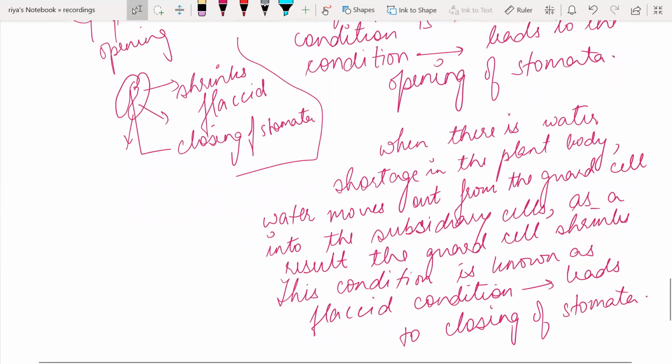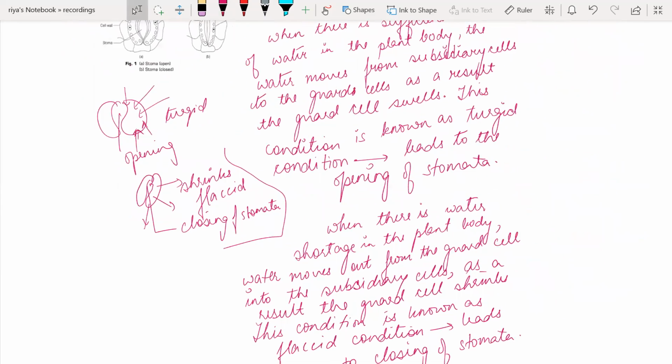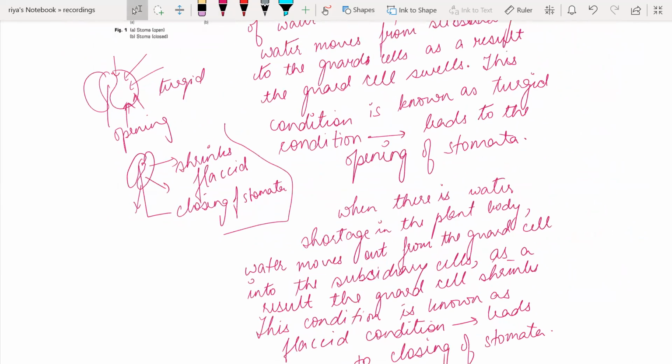So we have clearly seen that whether it's stomata opening or closing, the guard cell is playing a pivotal role here. Now, these guard cells not only allow water to enter and exit, but actually opening and closing of stomata also depends on many other factors.